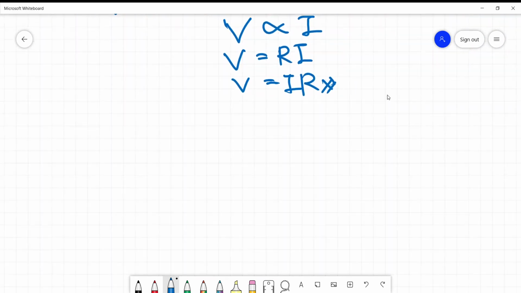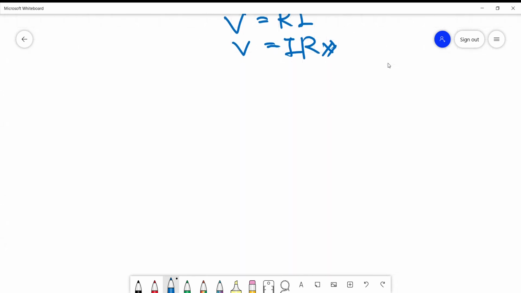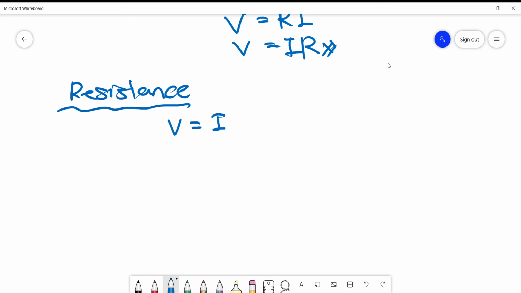Let's move on to the resistance. So what is the resistance? If we observe from the formula, R equals V over I. From this formula, I can directly find out the definition for the resistance.